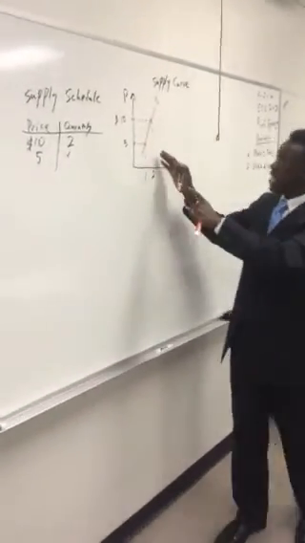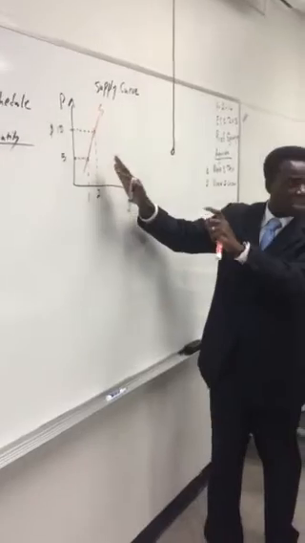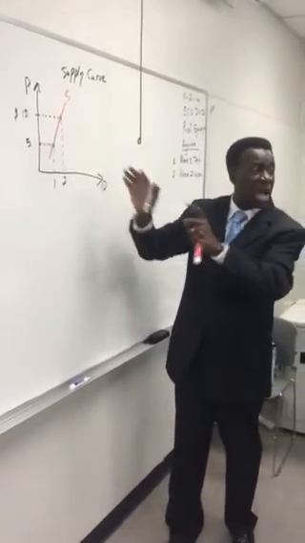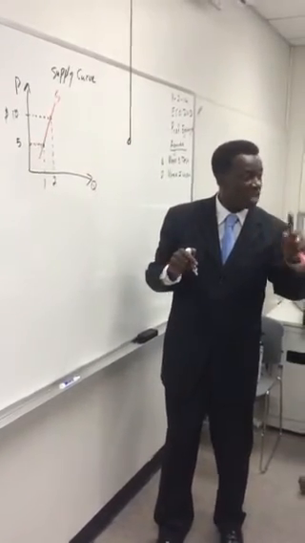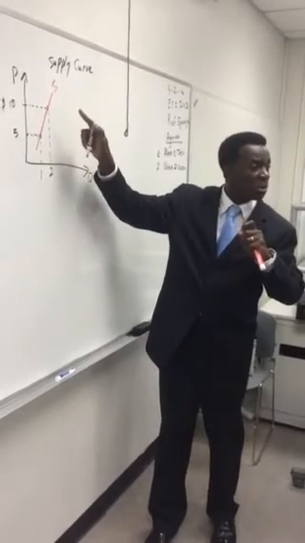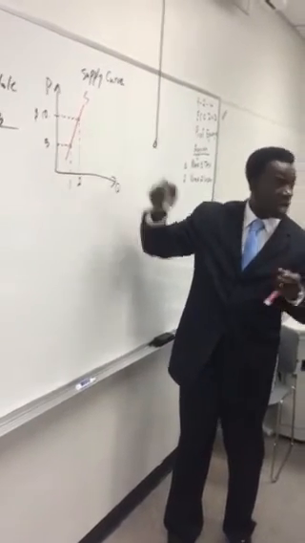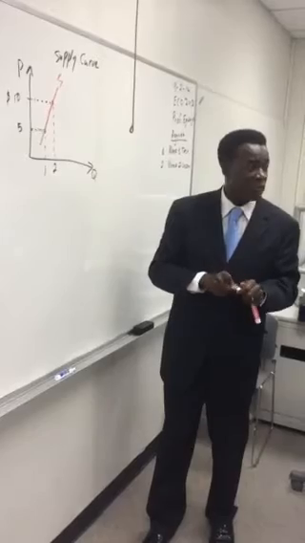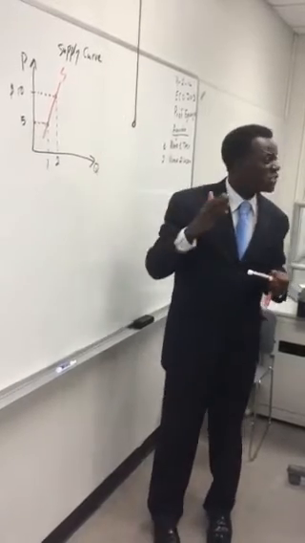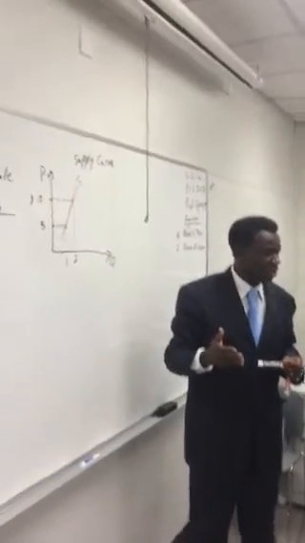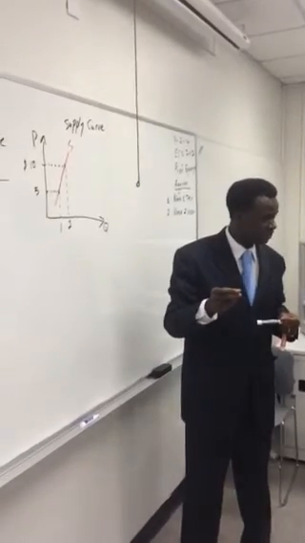Over here, the same thing: the only thing that will cause a shift of the supply curve is factors other than the price of the products offered for sale. Those other factors are, for example, the number of sellers in the market or the price of inputs.